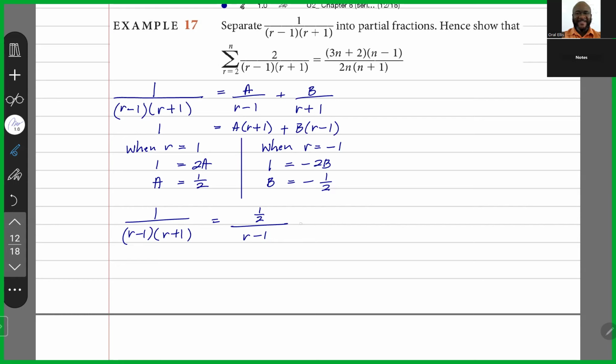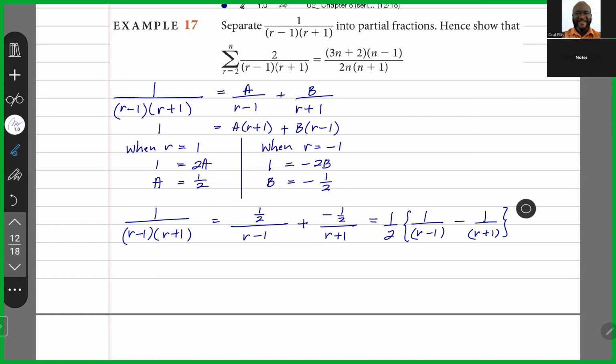And of course, we can write this by factoring out the half, and we have 1 over r minus 1 minus 1 over r plus 1.